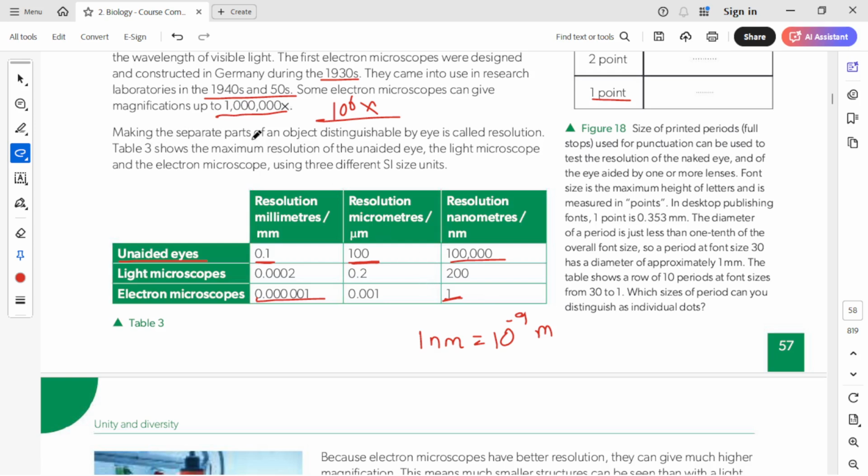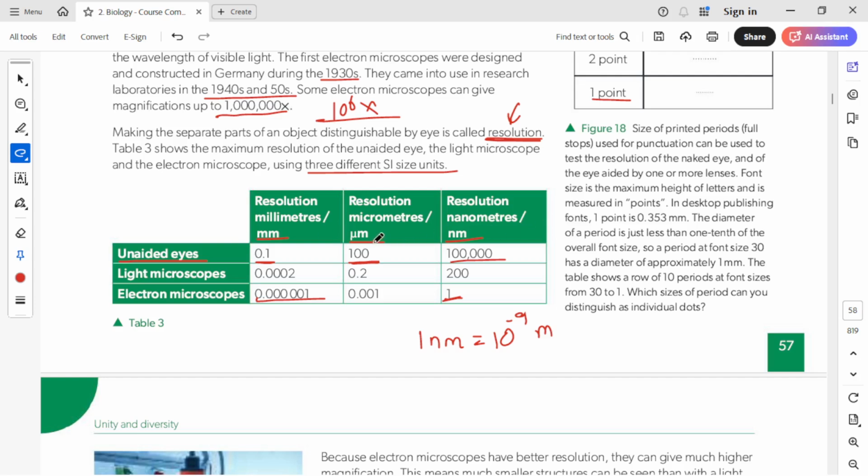So making the separate parts of an object distinguishable by eyes is called resolution. Table 3 shows the maximum resolution of the unaided eye, light microscope and electron microscope. They use 3 different SI size units. What are the 3 different SI size units? They are millimeters, micrometers and nanometers.